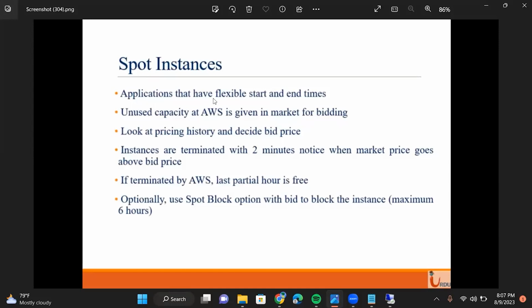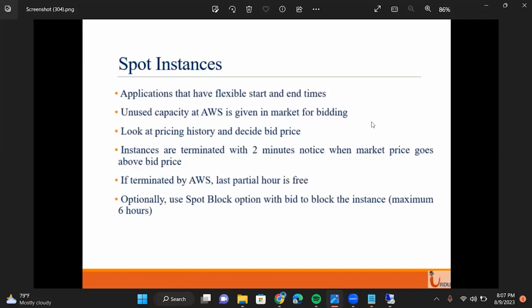If it has a flexible starting and end time, we can use spot instance. Unused capacity, as AWS has given in the market for bid.